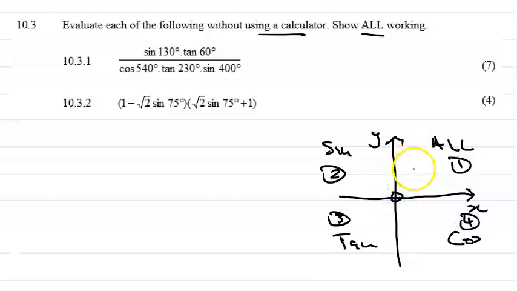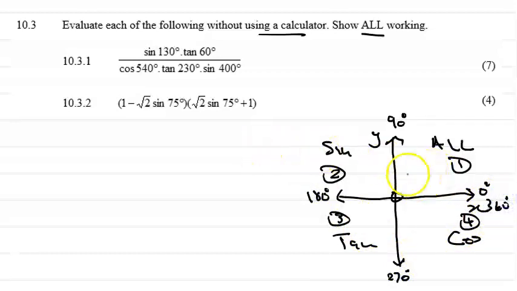Now, if we look very carefully, in the first quadrant we have angles between 0 and 90. In the second quadrant, between 90 and 180. In the third quadrant, between 180 and 270, and in the fourth quadrant between 270 and 360.